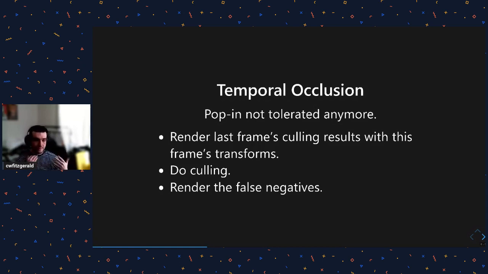Then whatever false negatives you get, you render them. Those are all the triangles that you culled but that are visible this frame, though they weren't visible last frame.